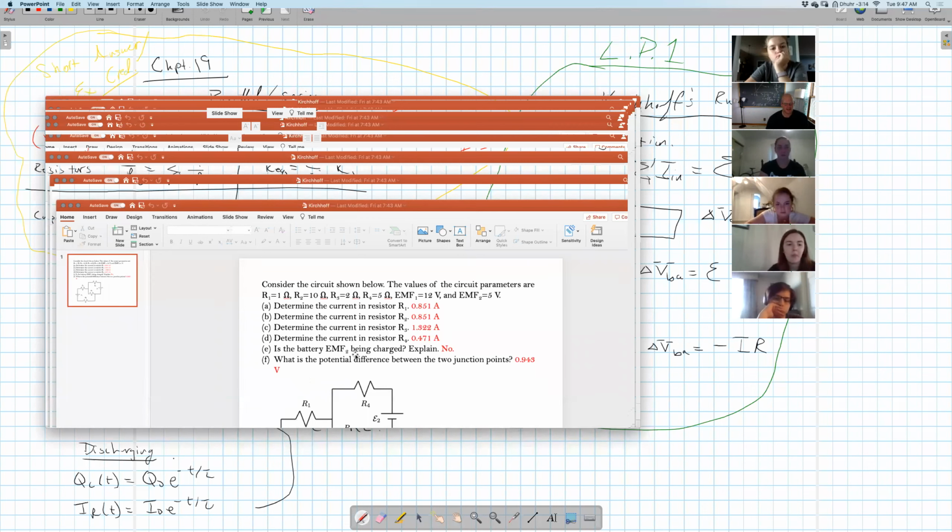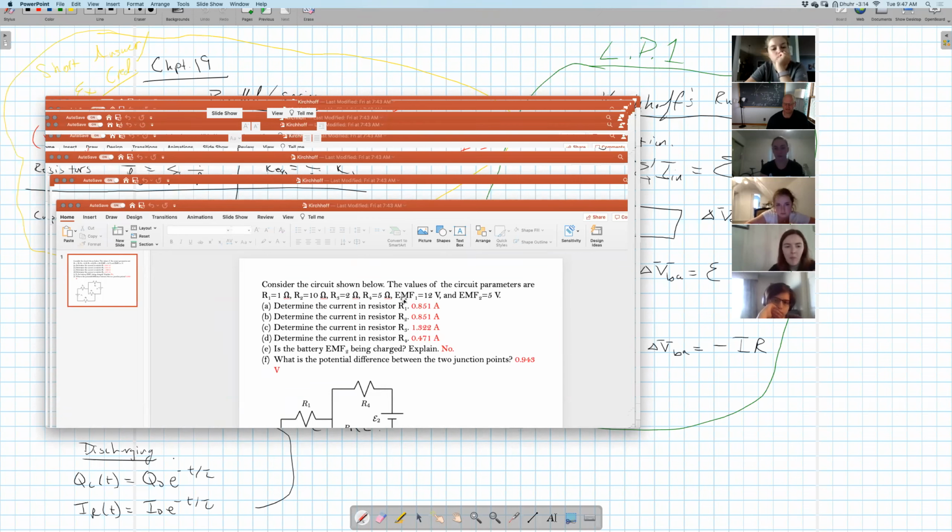But here, everything is connected in series, which means that the current running through resistors R1 and R2 is the same. Just because there are 2 different resistors doesn't mean they have to have 2 different currents. They will have 2 different potentials, but since they're connected in series, they'll have the same current running through them. Then it goes on to ask, is the battery EMF2 here being charged or not?